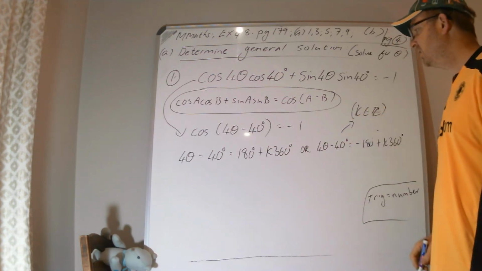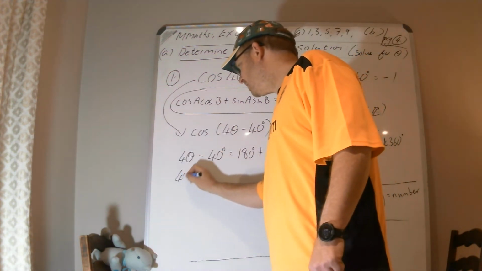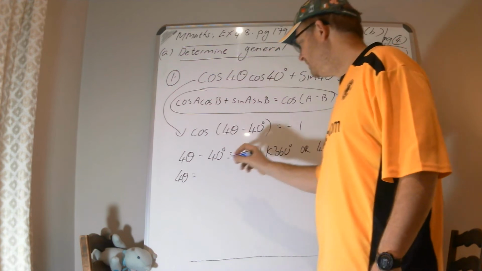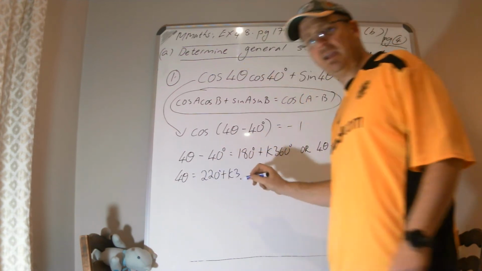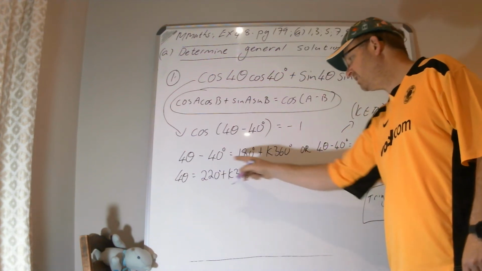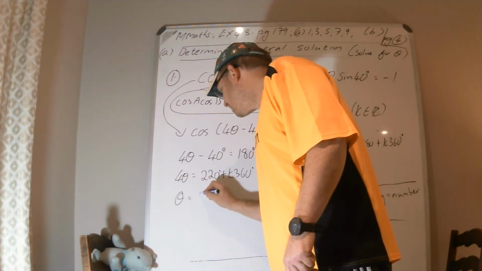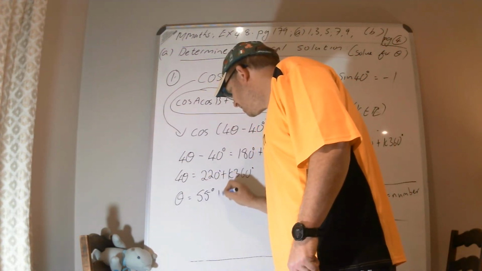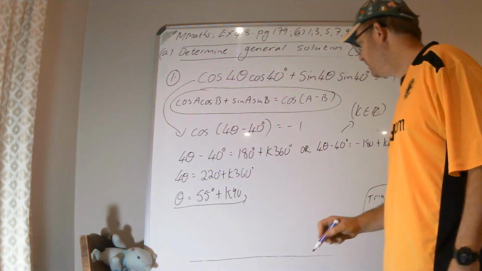Right. So now you solve each of those separately, and you're going to get 4θ = 220 + k360. Okay, and let's divide by 4, and you're going to get θ = 55 degrees + k90. I divided everything by 4.